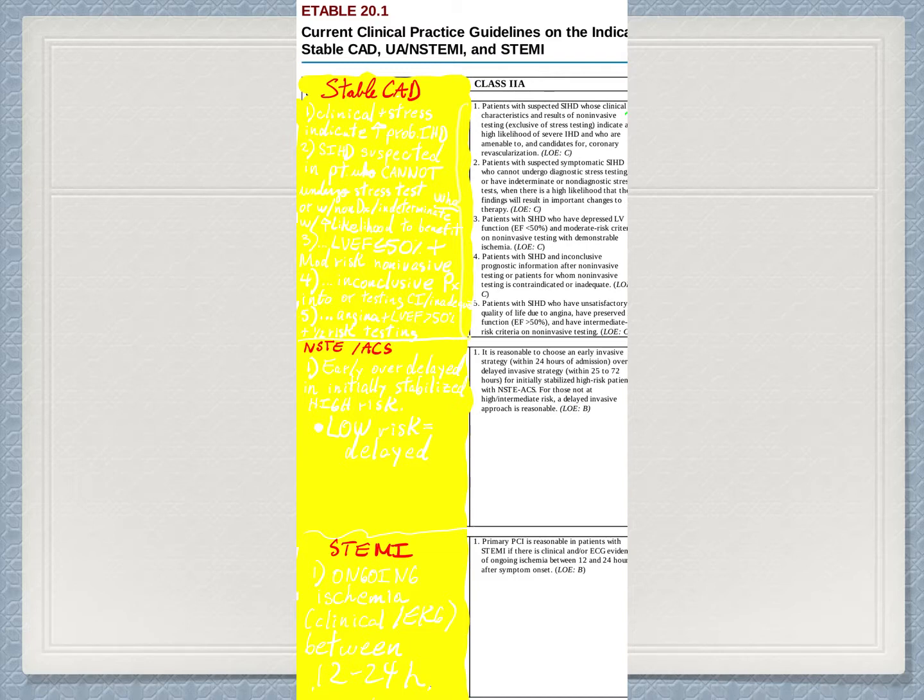4. Inconclusive prognosis and information of the testing, in which testing is inconclusive, indeterminate or contraindicated.